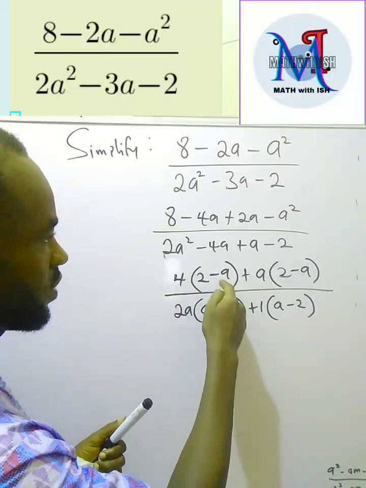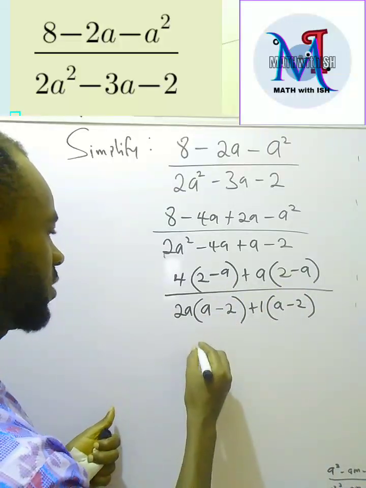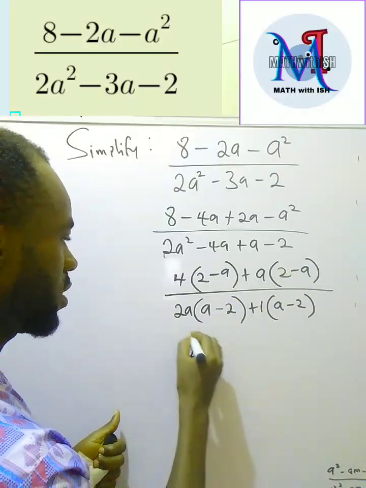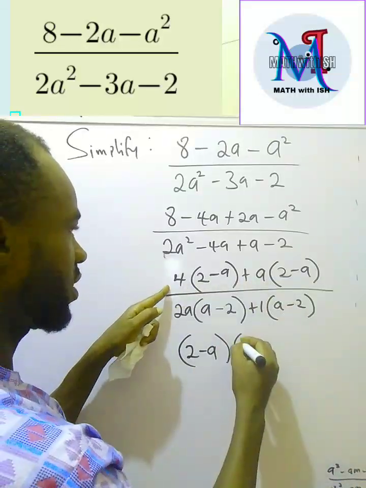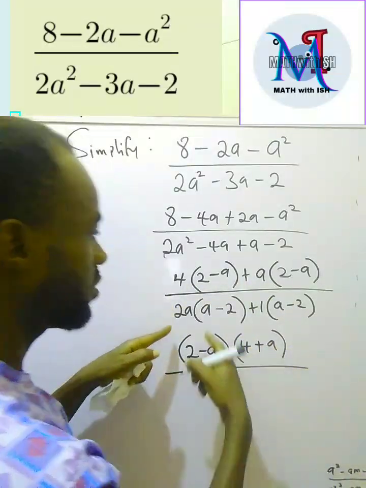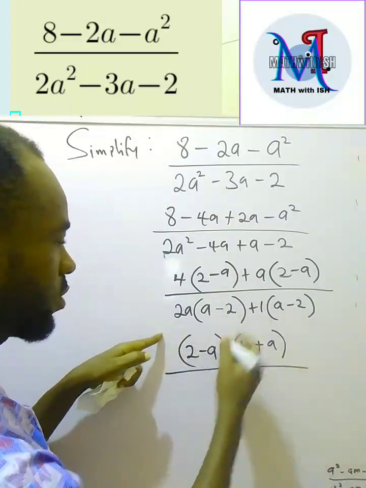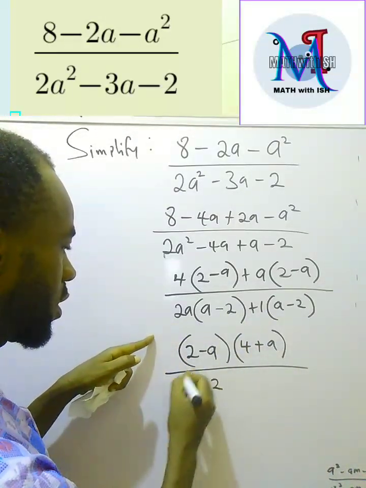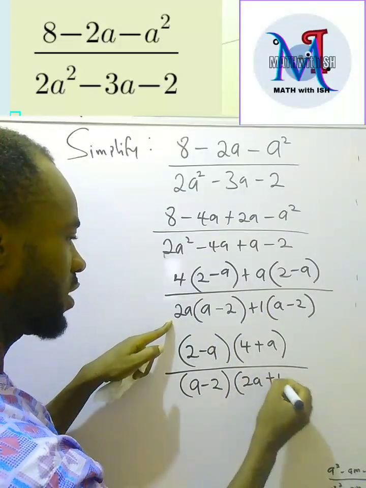We can see that we have 2 minus a common, so I'm going to factor out the 2 minus a, and I'm left with 4 plus a. I do the same thing for the denominator. A minus 2 is common. I factor it out, and I'm left with 2a plus 1.